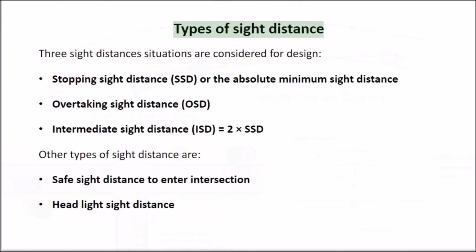Types of sight distance. Three sight distance situations are considered for design: stopping sight distance, SSD, or the absolute minimum sight distance; overtaking sight distance, OSD; and intermediate sight distance, ISD, equal to 2 times SSD.